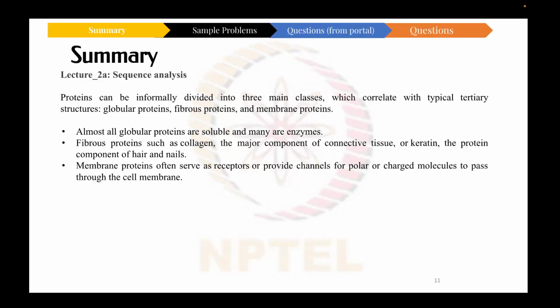Then we have membrane proteins. These proteins are an integral part of the cell membrane which span the cellular membrane several times, and these membrane proteins, based on secondary structure classification, are broadly classified as alpha helical membrane proteins and beta barrel membrane proteins.